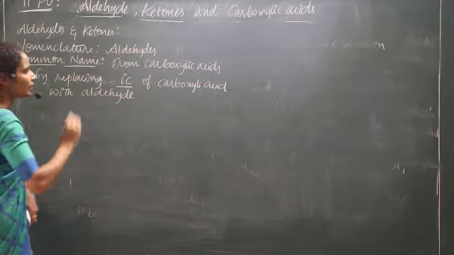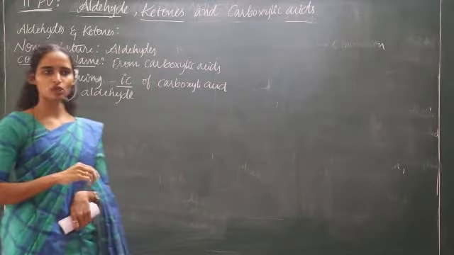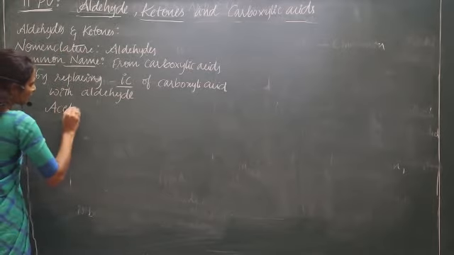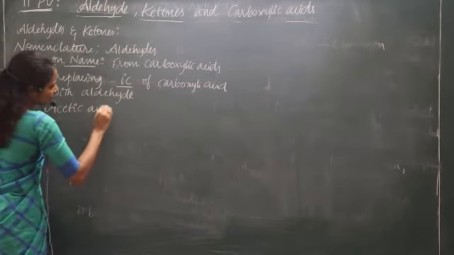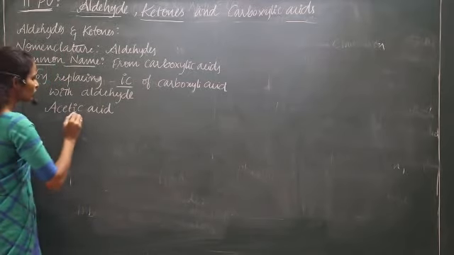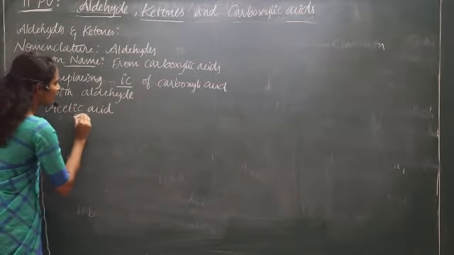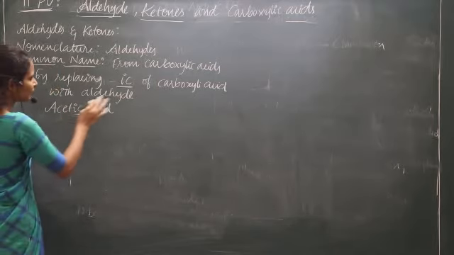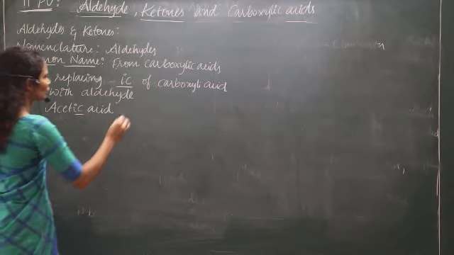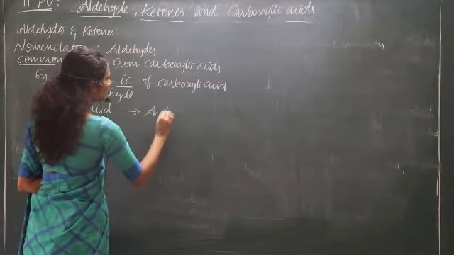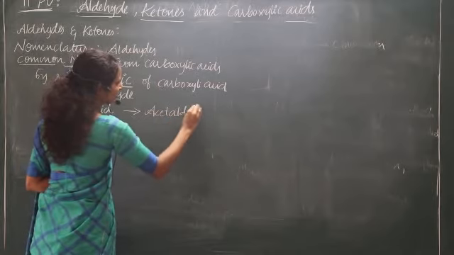So these are derived from their respective carboxylic acids, as I said. I will take one example, acetic acid, a carboxylic acid. The common name of an aldehyde is derived from its carboxylic acid by replacing ic by aldehyde. So the common name of this compound is acetaldehyde.